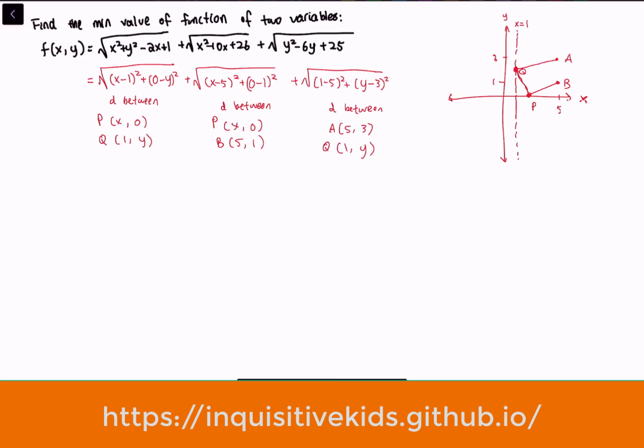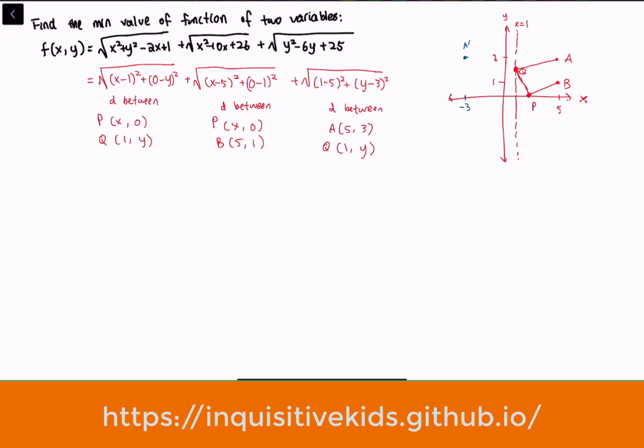So we can do some flipping about the axes too, like we did in the previous video, to use what we know about a straight line being the shortest. So let's reflect A about the line x equals 1. Now we have a new point called A prime, and its coordinates are (-3, 3).